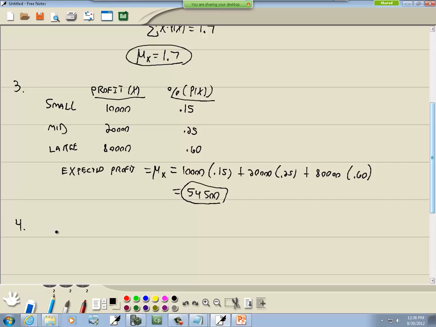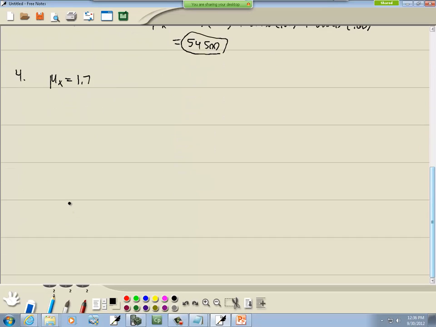Now for number 4 here, remember from problem number 2, our mu sub x is equal to 1.7. So we got our x and our p of x. X is 0, 1, 2, and 3. And this is 0.2.